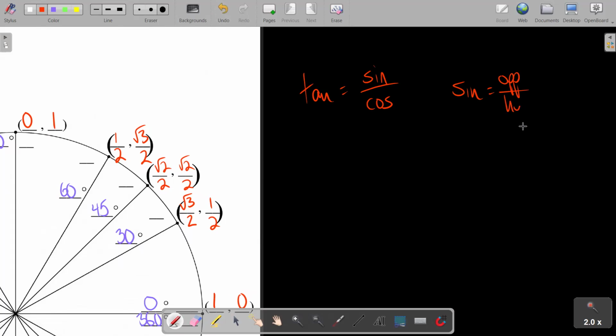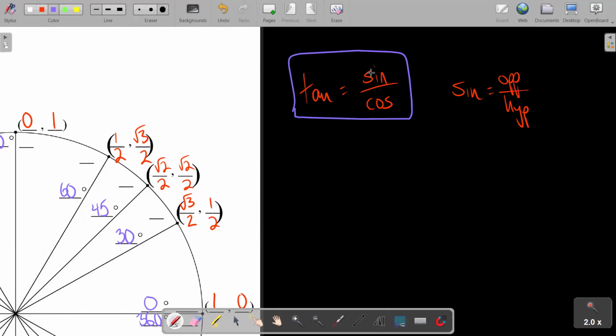What is the hypotenuse always in these unit circle questions? It's always one. I don't know if I want to go down this road, but since I'm talking in circles, let's have faith. And then if you want, I can go back and do a better job of proving to you that this is a fact. But tangent is sine divided by cosine. Got it?